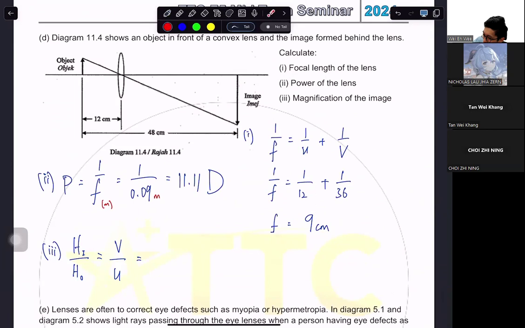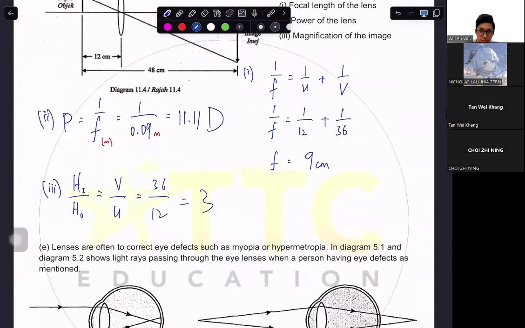If you are taller by 2 times, your distance will be further by 2 times also. It's automatic. So you can just take the distance of this divided by the distance of this, which is 36 divided by 12. So it's 3 times. The magnification is 3 times.